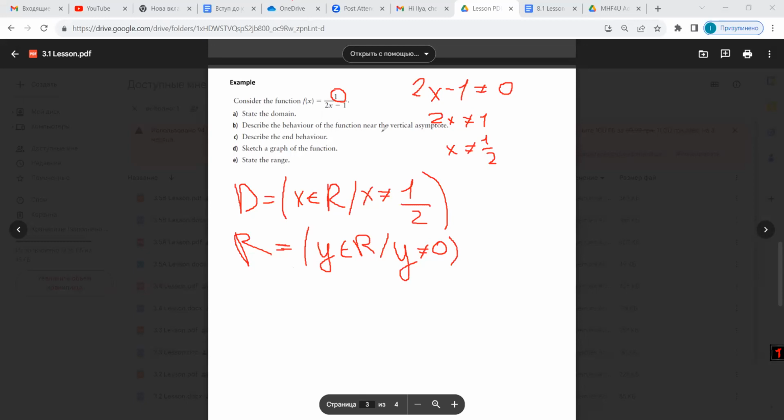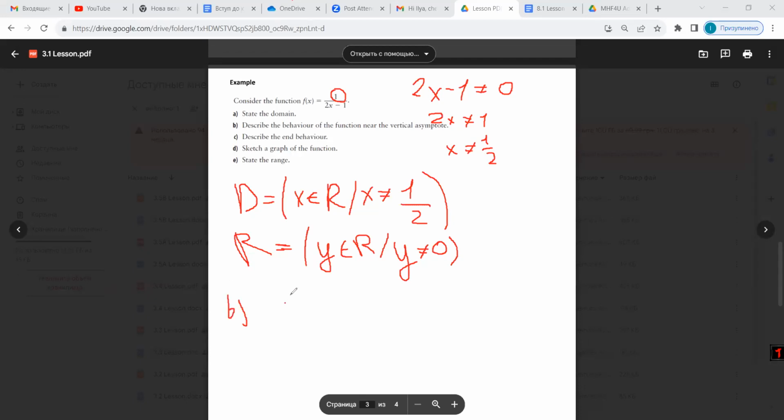Describe the behavior of the function near the vertical asymptote. We know that our vertical asymptote appears at x equals 1 over 2. So we're going to take some value to the left-hand side of 1 over 2 and to the right-hand side of 1 over 2.